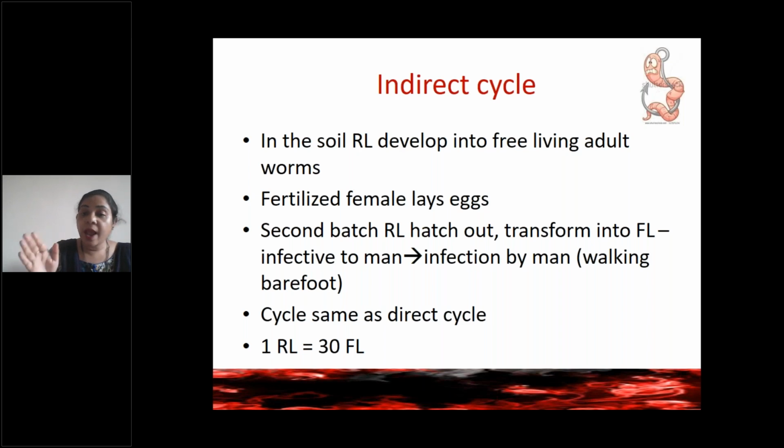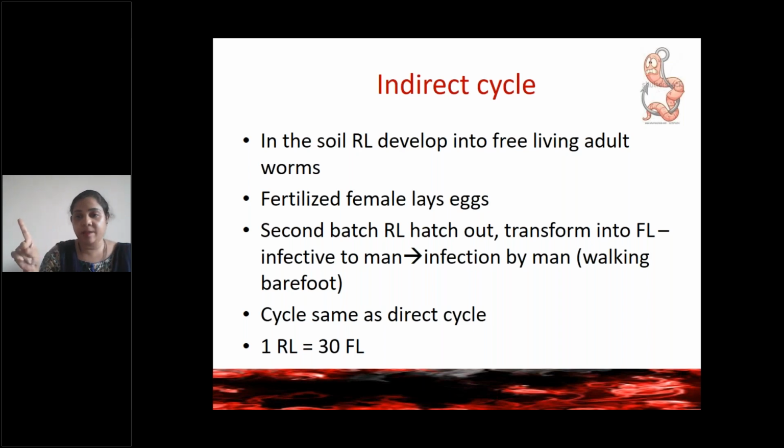Next, rhabditiform larva. Instead of directly maturing into filariform larva, they are passed out in feces. Okay, in the soil, one rhabditiform larva will convert into one filariform larva. So one, you will get one. Next, what will happen when this one filariform larva penetrates man? In the man, the cycle is repeated.